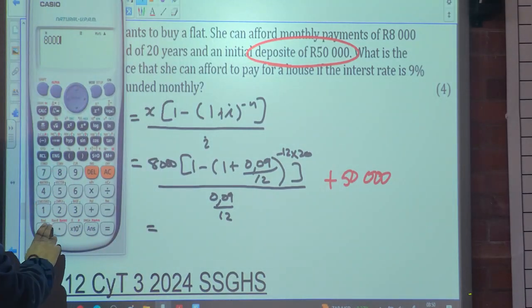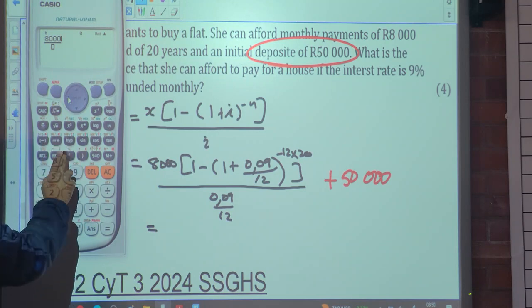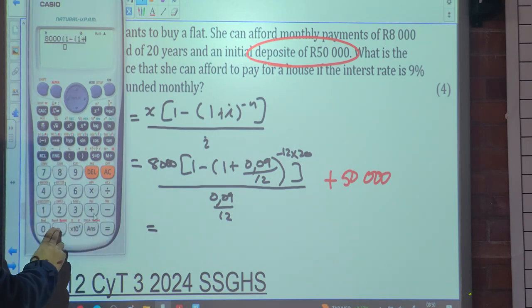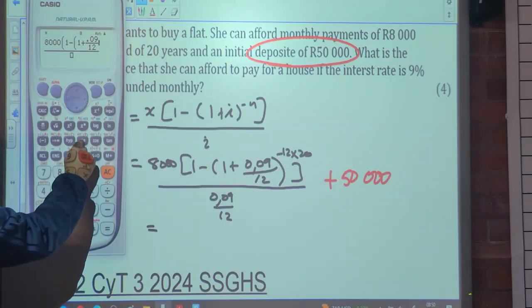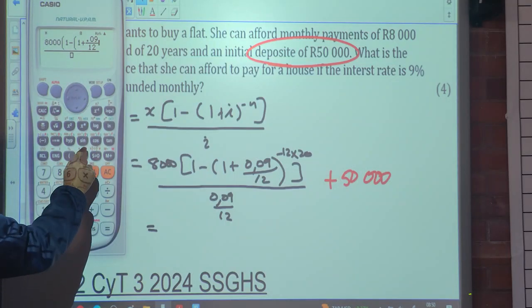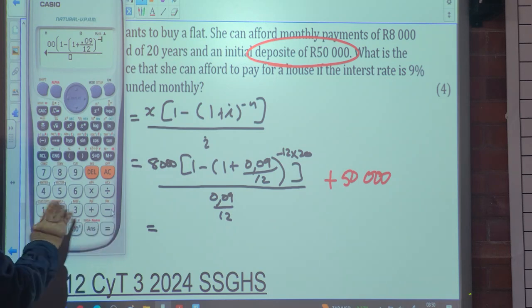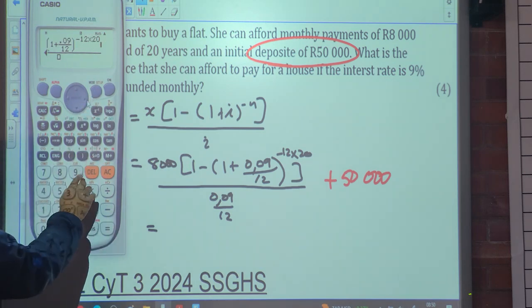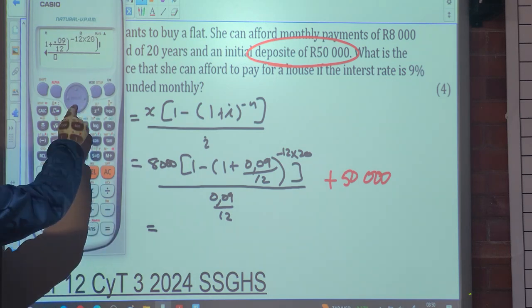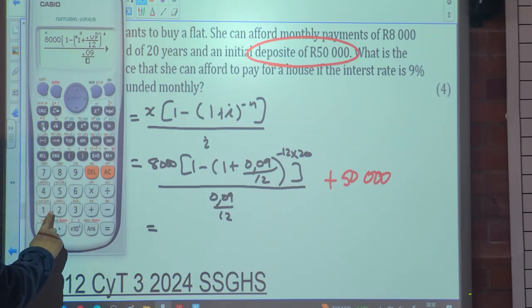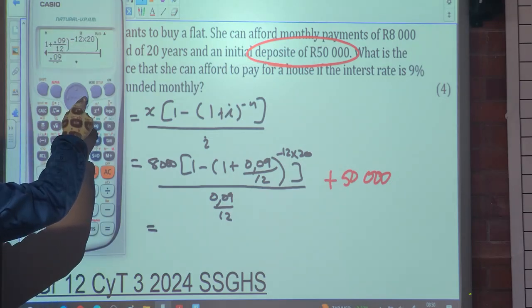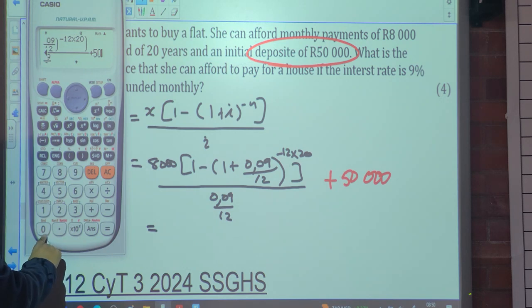So it's 8,000 rand into 1 minus 1 plus 0.09 over 12 to the exponent negative 12 times 20, over 0.09 over 12. And then we add 50,000.